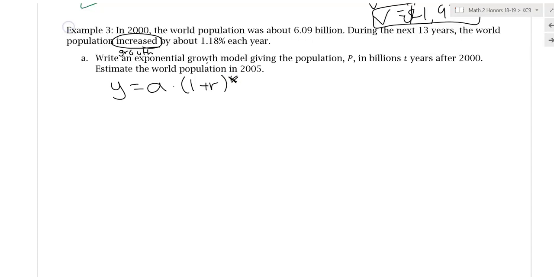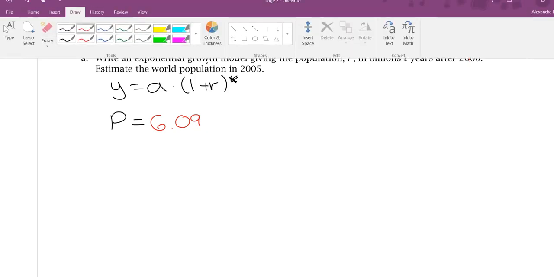So we're finding the population. So instead of y, we'll use P equals. Again, a is our initial value, what it starts at. This is telling us our starting point is 2000. So in 2000, the world population was 6.09. So that's where our A value comes from.